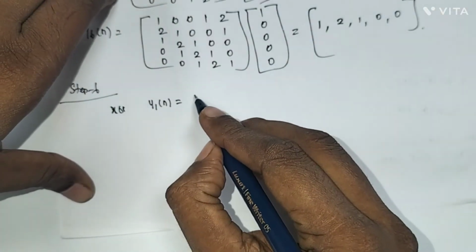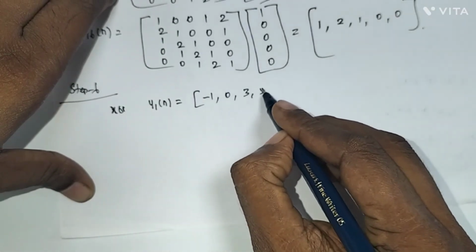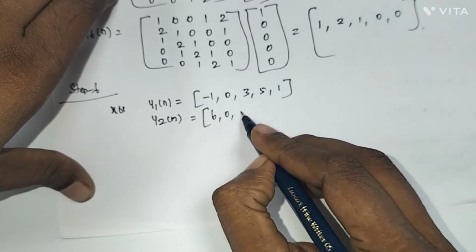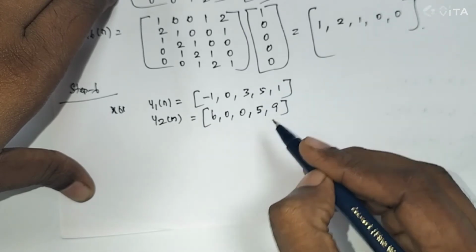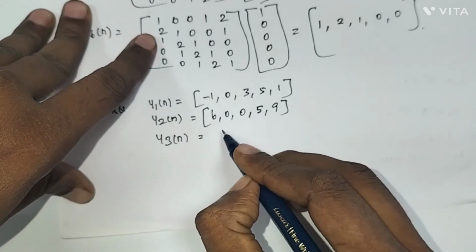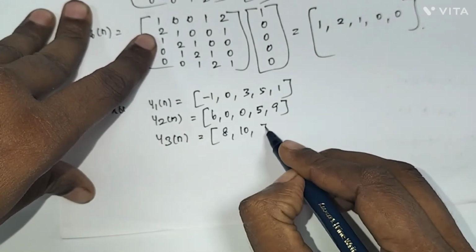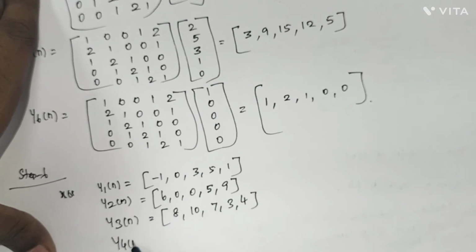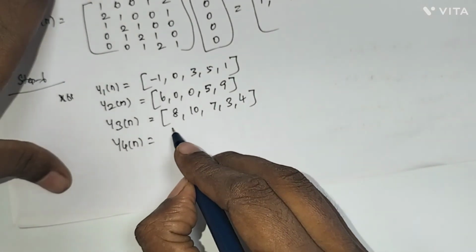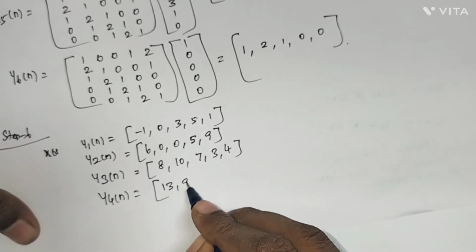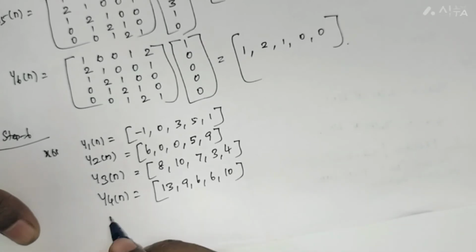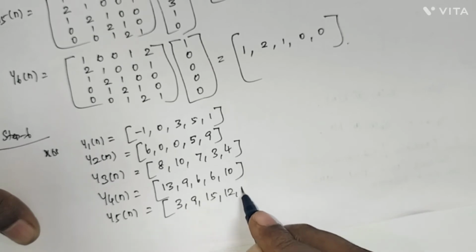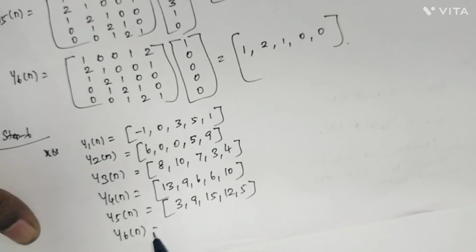minus 1, 0, 3, 5, 1 and y2 of n is equal to 6, 0, 0, 5, 9 and then y3 of n is equal to 8, 10, 7, 3, 4 and then y4 of n is equal to 13, 9, 6, 6, 10 and y5 of n is equal to 3, 9, 15, 12, 5 and then y6 of n is equal to 1, 2, 1, 0, 0.